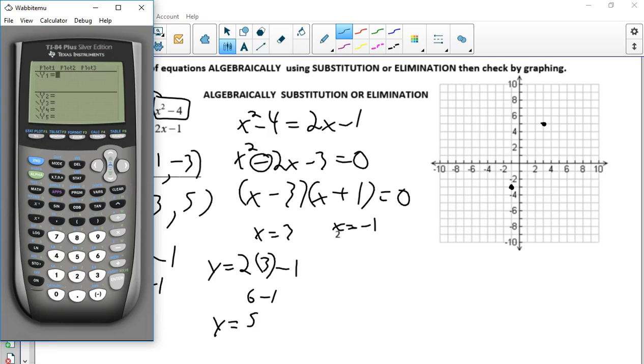So I'm going to put in x squared minus 4. Hit graph. Oh, look at that. What do we do in this situation when it doesn't graph correctly? We do zoom 6. Now I'm going to go to my table and get some points. So, yeah, x squared minus 4. So, there we go. I'm going to put these points in the graph.